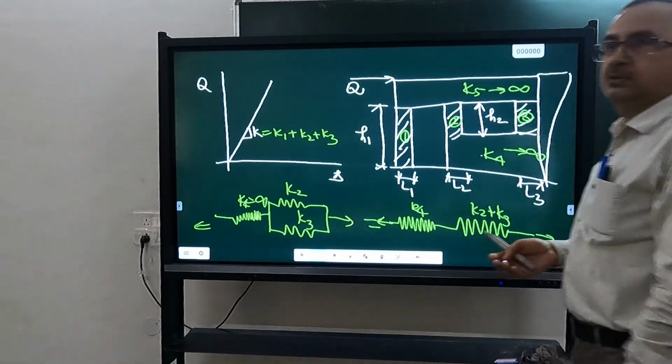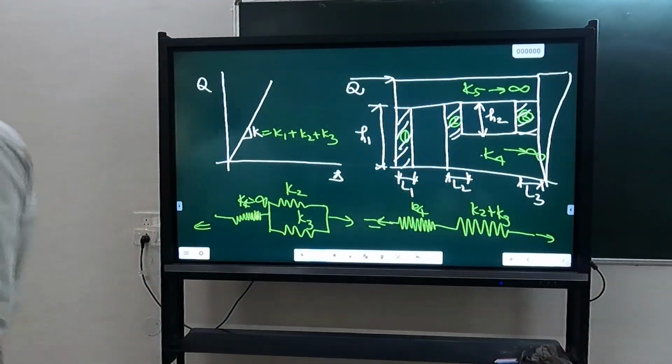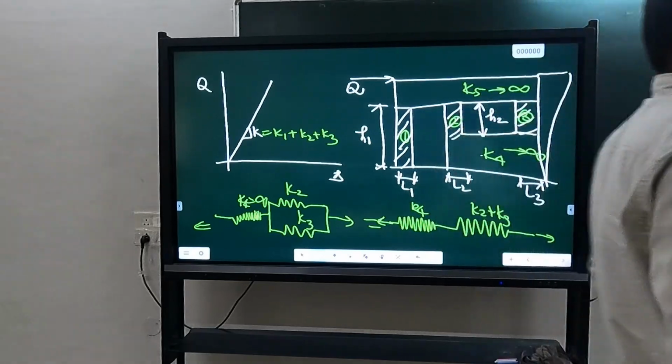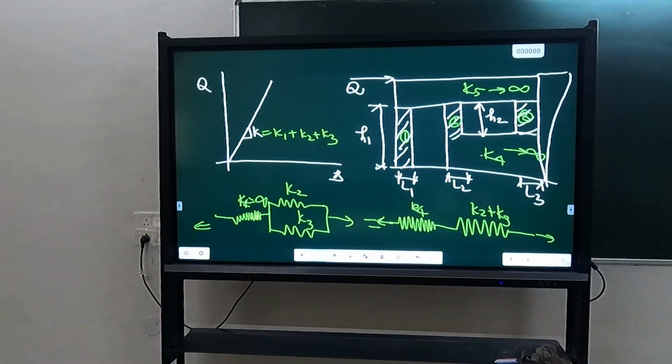Okay? But if you add 0 stiffness in series, what will happen? You add a very flexible element in series, what will happen? The whole assembly will become very flexible. So if you add zero stiffness in series, the whole stiffness will become zero.